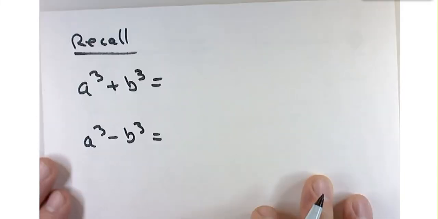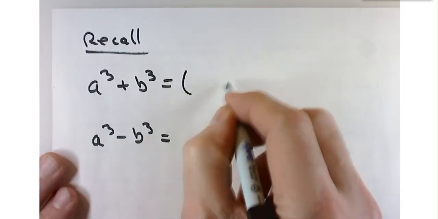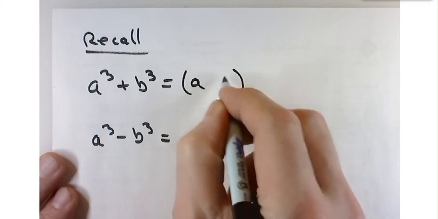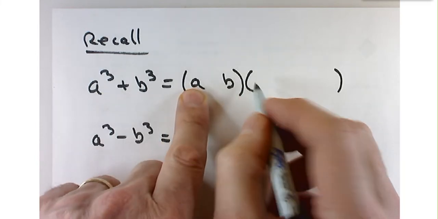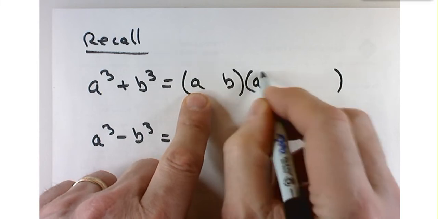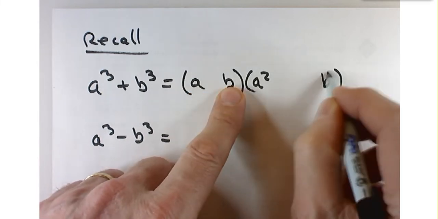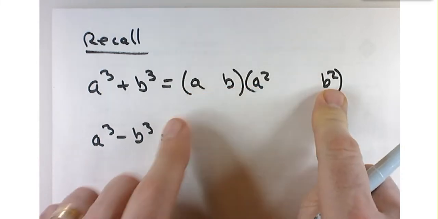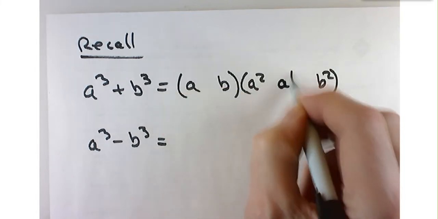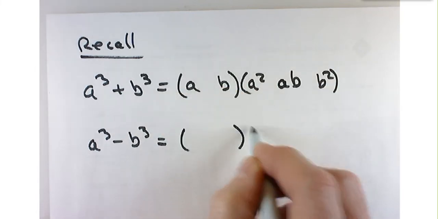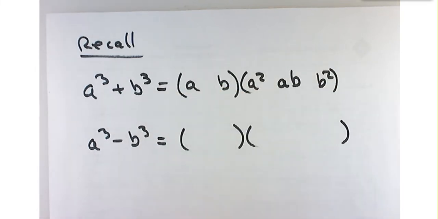Both of these things factor. I have an a and a b, and then you multiply this term by itself, a squared, this term by itself, that gets you the end terms. The middle term is just this times this, a times b. And I'm not putting in the signs just yet.